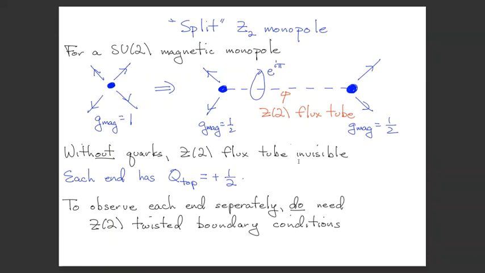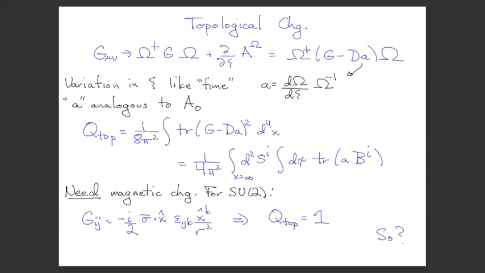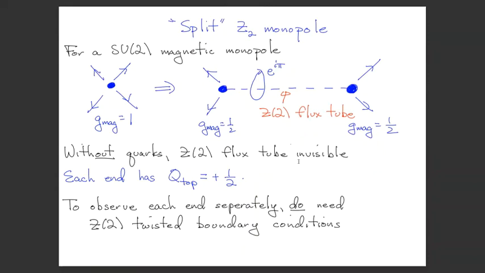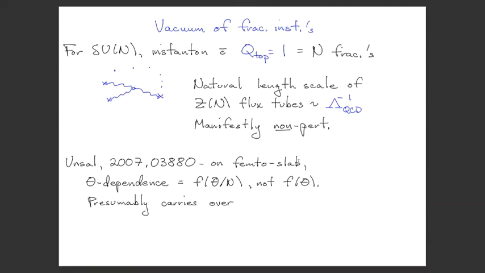But you then see that each of these pieces, since it's just the previous integral involving the magnetic charge, is going to give you a half. As I emphasized originally, to observe each of these separately, in between you're going to have Z2 twisted boundary conditions.